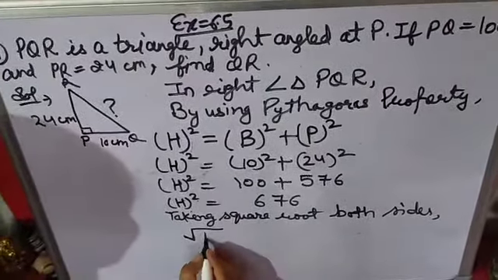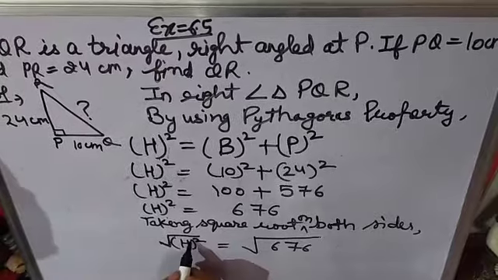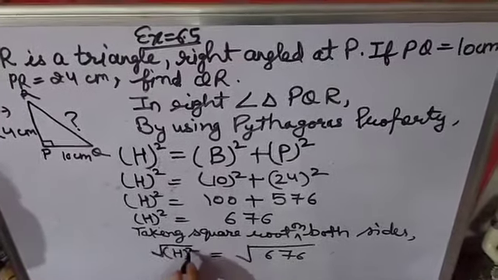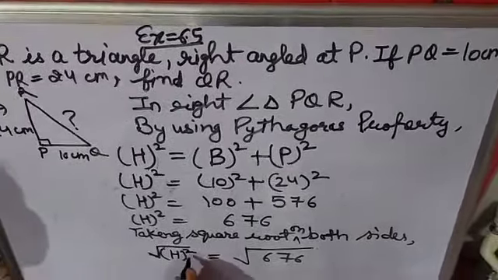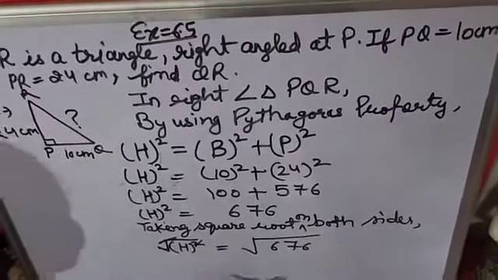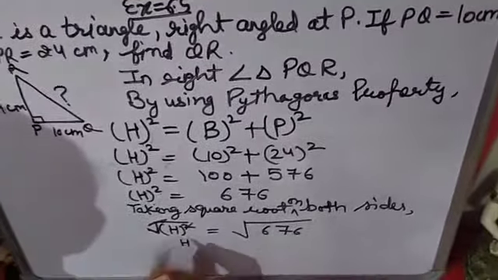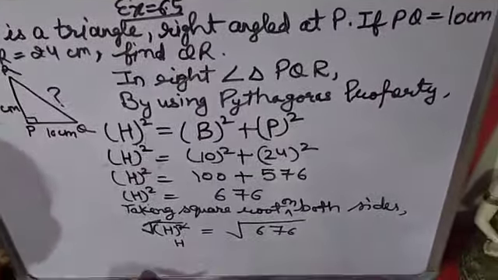Now we know that square and square root both are inverses of each other, so inverse things will be cut. So we will cut the square and square root, and only the hypotenuse is left. It will be the square root of 676.